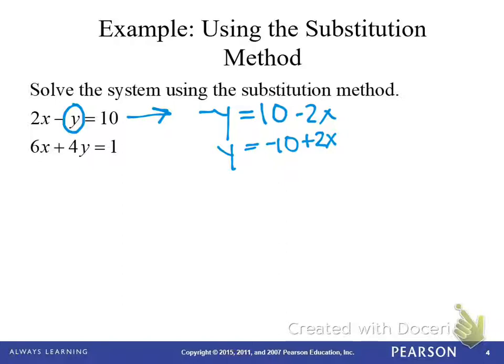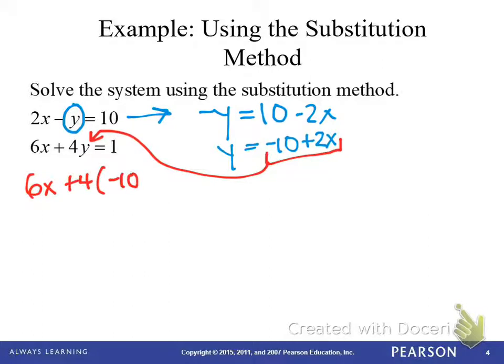So then I will go in to substitute, and I will take what y equals and I will plug it in for y. So this would give me 6x plus 4 times negative 10 plus 2x should equal 1.